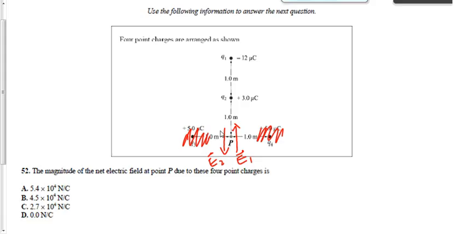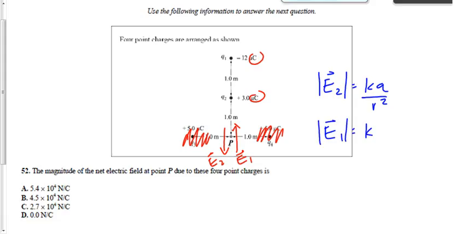Now, you can do that one of 2 ways. You can say, okay, I'm going to calculate the actual field value given the charge in microcoulombs, given the distances in meters, or I can just use the variable values changing. I can say E2 is KQ over R squared, and I can say E1 is going to be equal to K times 4Q, because it's 12 instead of 3.